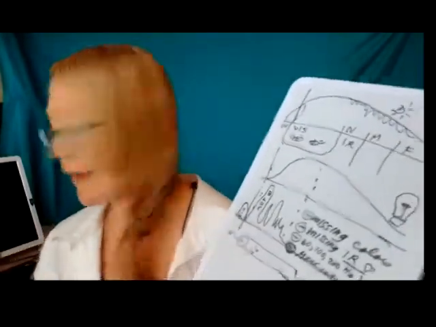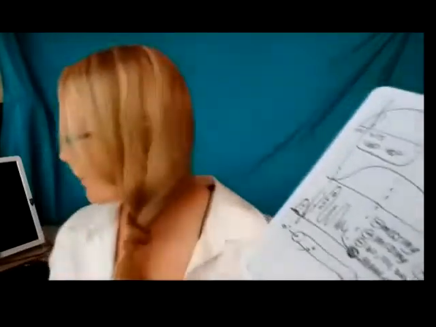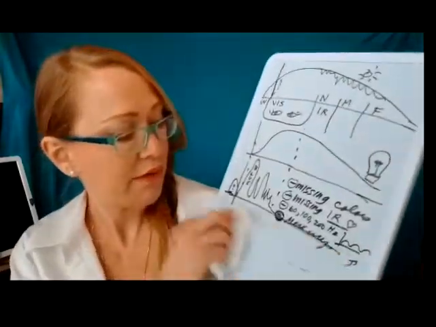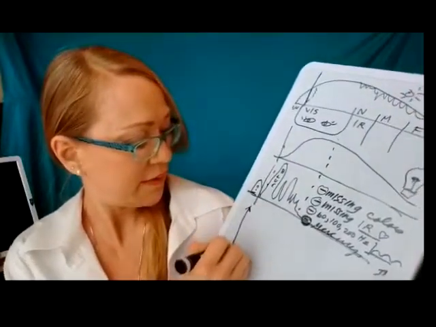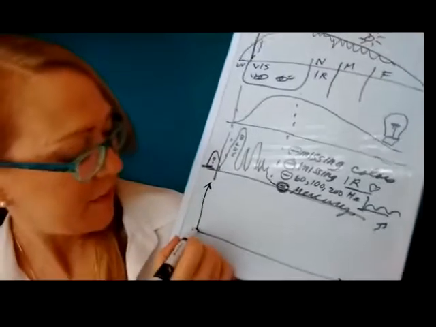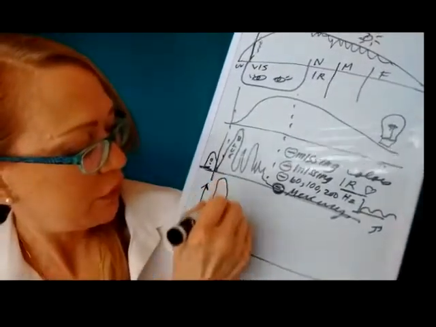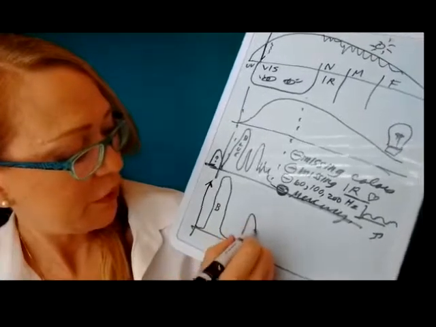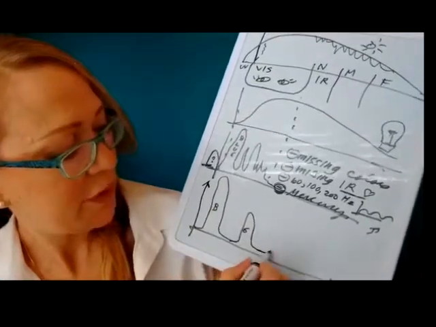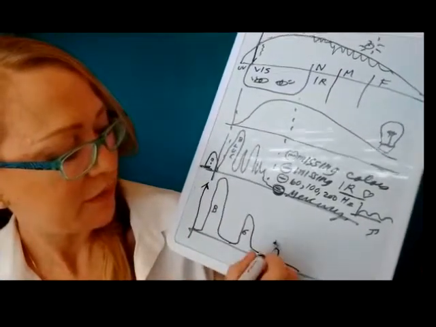And then finally, we're going to draw a plot of the LED spectrum. The LED spectrum is very easy. You have a big blue spectrum, and then you have a medium green spectrum, and then you have a wee little red spectrum.